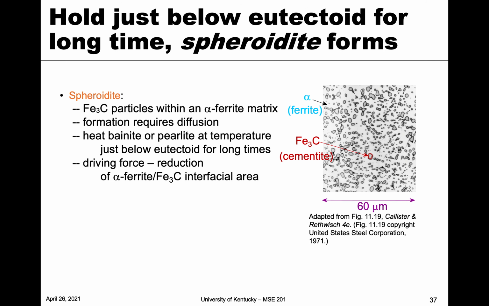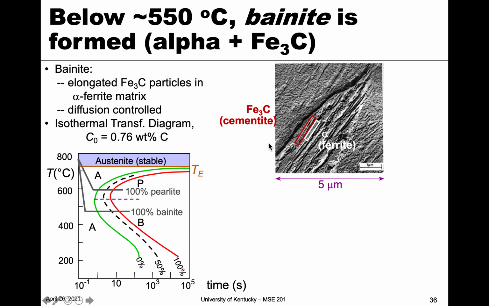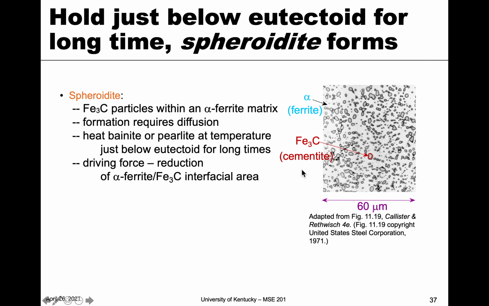And I do want to mention one other microstructure of these eutectoid steels. We know that we get that lamellar layered structure from perlite, and we know that we get a similar type of structure where we have layers or grains of Fe3C and ferrite.